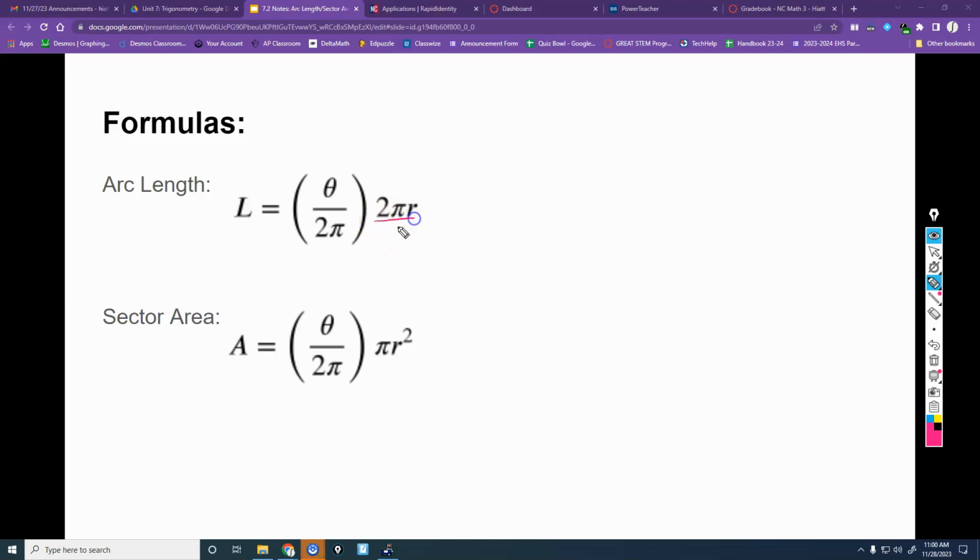So if I put this over 1 here, if I multiply straight across, that would be theta times 2 pi times the radius, and on the bottom I would have 2 pi.